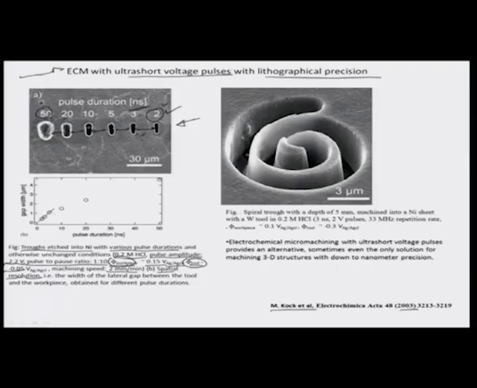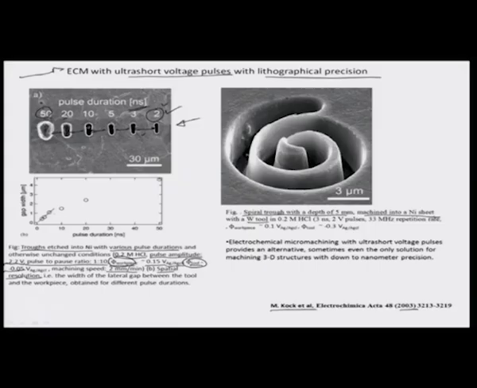Similarly, in another work they have shown a spiral trough with a depth of about 5 mm, machined in a nickel sheet again. Okay, in this case a tungsten tool is being used.